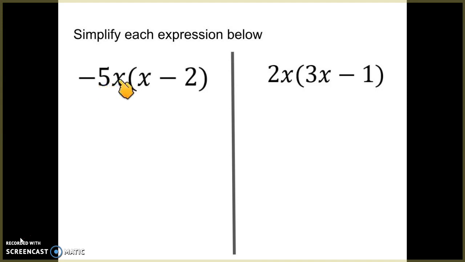If I'm going to remove these parentheses and simplify this expression, I need to take negative 5x and multiply it by this x and also this 2. So I can put a 1 here. And I know that I'm going to take negative 5x and multiply that by 1x.